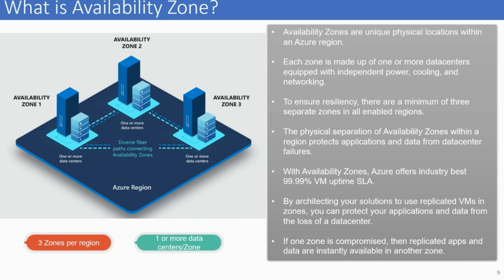Now let's see what an availability zone is. Availability zones are unique physical locations in an Azure region. Each availability zone has a distinct power source, network, and cooling. A recent update is that all regions support availability zones.